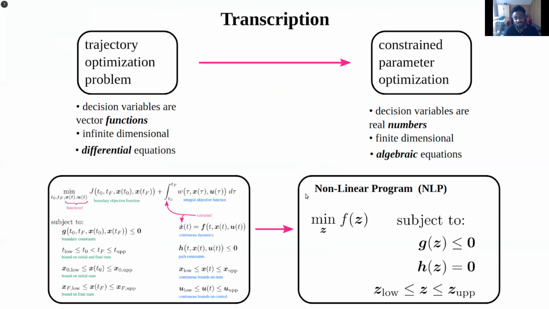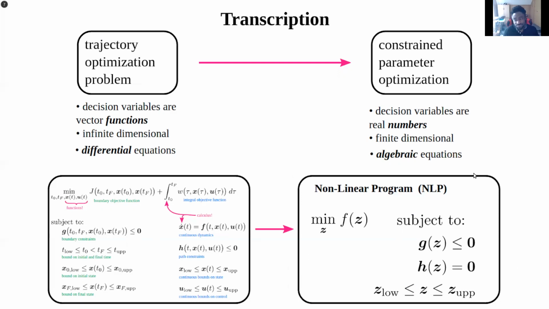And the reason why we discretize time is that they want to use nonlinear program solvers. NLP solvers, or nonlinear program solvers, are a well researched field of optimization, and there are lots of very nice off-the-shelf solvers that can basically solve the nonlinear program and return some favorable outputs for you.